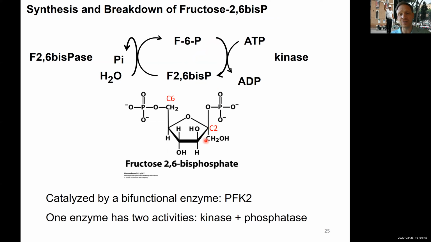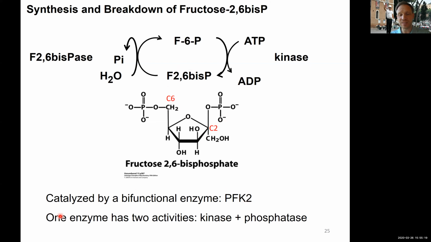What we're generating now is a molecule that is very, very similar to your glycolytic intermediate, but it is not an intermediate that will be converted as part of glycolysis or gluconeogenesis for that matter. Okay. The enzyme that actually brings about this reaction is called the phosphofructokinase 2. So it's a sibling to our PFK1, but it catalyzes this other direction that phosphorylates at a different position. Okay.